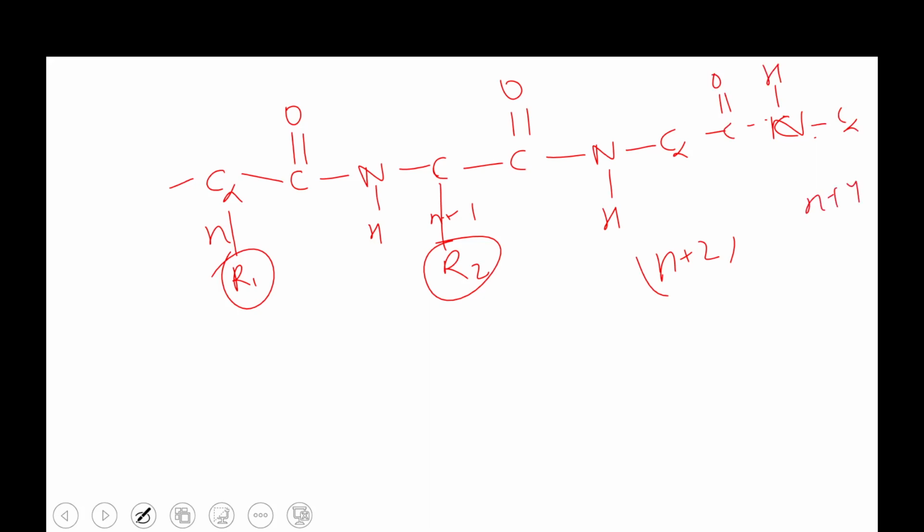The hydrogen bond forms between the nth carbon and the N plus 4 carbon. There the hydrogen bonding happens in such a way, like this, between the CO and NH groups.